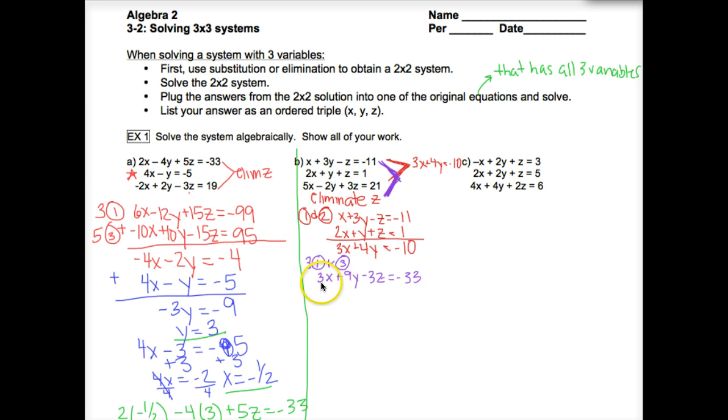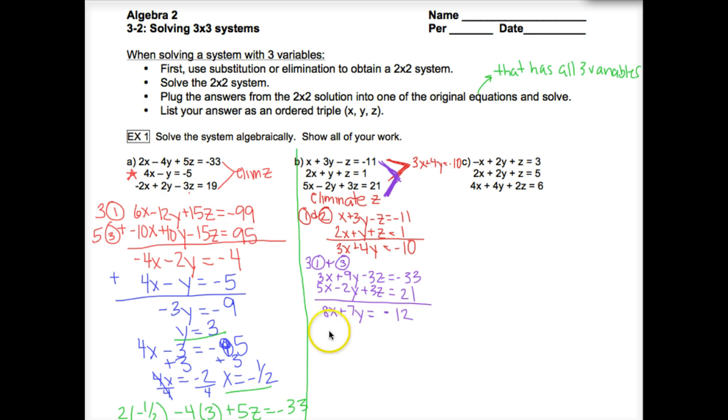Equation 3 was coming just as it was, so I'm going to recopy it. And then add to eliminate my z's. So that gives me 8x plus 7y equals, I can't get my equals sign out, negative 12.